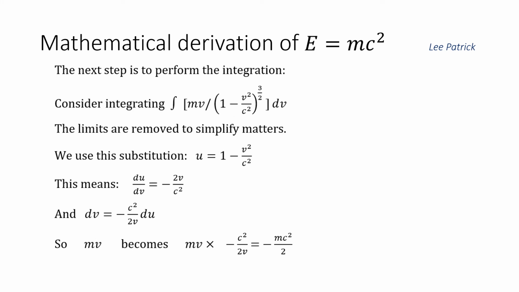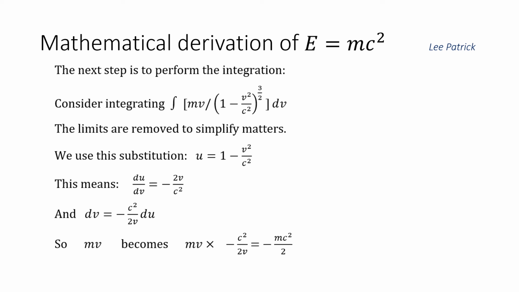The next step is to perform the integration. Consider integrating mv over (1 minus v squared over c squared) to the power 3 over 2 with respect to velocity. The limits are removed to simplify matters. We use the substitution u equals 1 minus v squared over c squared.